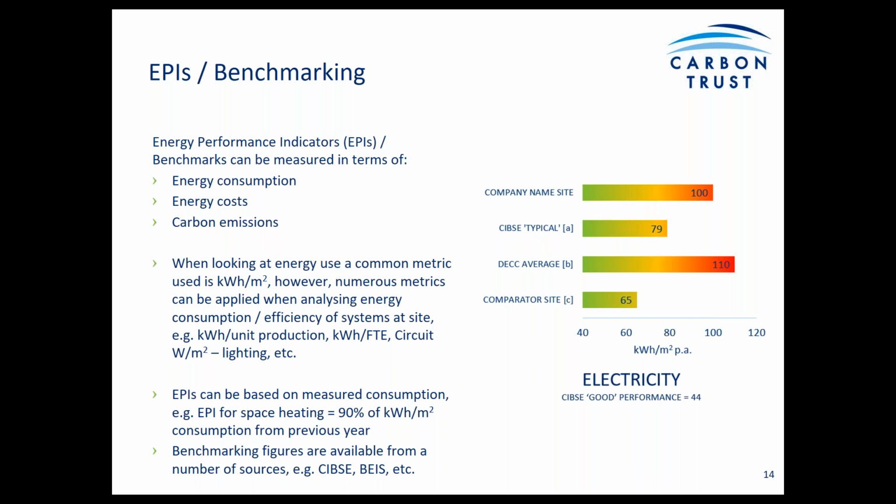Or if we are looking at technology specific benchmarks, then with lighting, for example, it could be circuit watts per square meter of lighting installed at the site. But these tend to be quite sector specific. For example, a logistics company that we worked with recently were measuring performance in terms of carbon emissions per mile traveled.